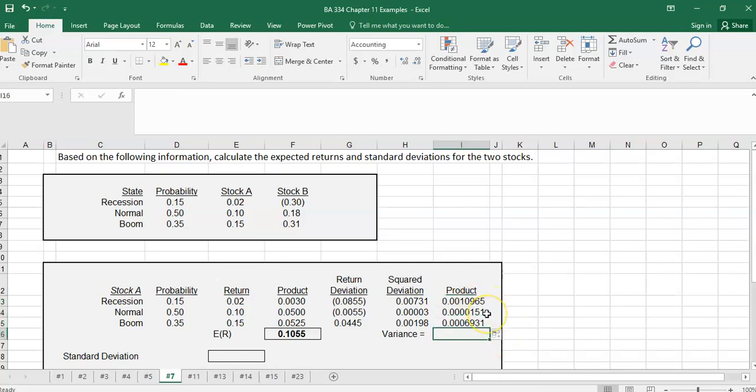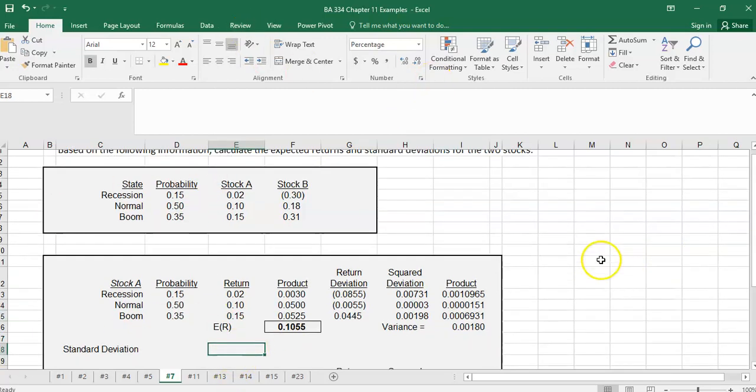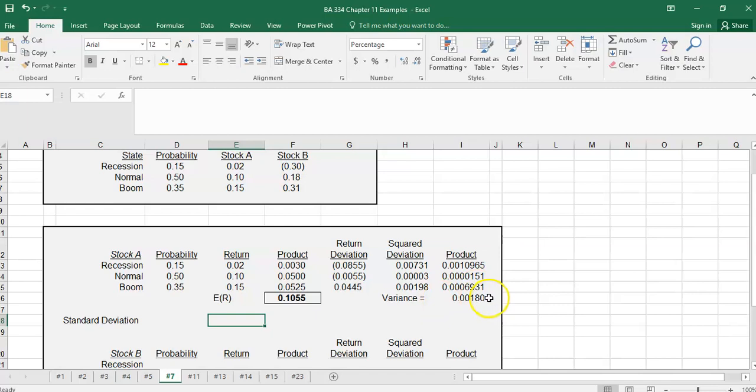Copy that down, and we want to add them together for our variance. And then remember the standard deviation is the square root of the variance. So we do the square root function of our variance. So we have the expected return and the standard deviation of A.